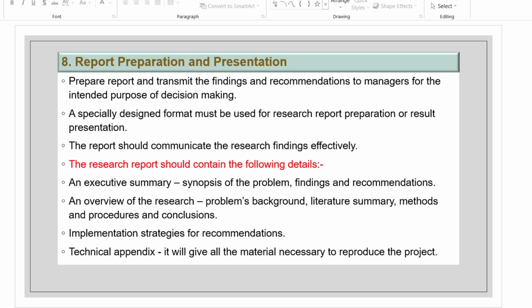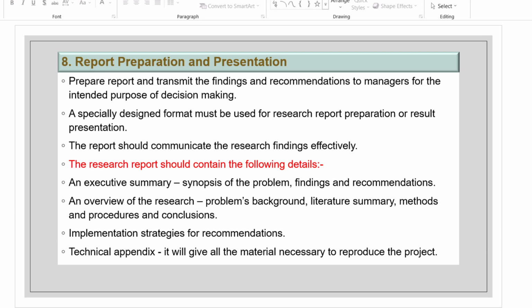The last step in the business research process, or the last phase of business research, is report preparation and presentation. Report preparation is the final step. We have to prepare a report, and in it we transmit the findings and recommendations to the managers for the purpose of decision making.